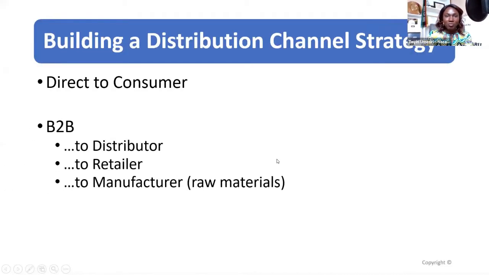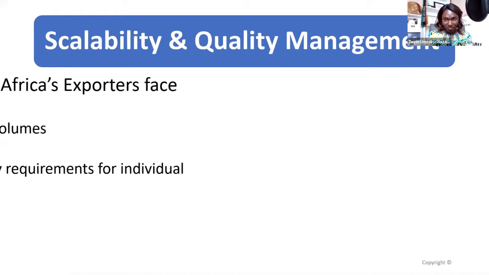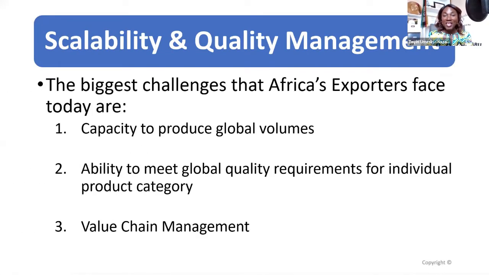We talked about building the distribution channel, scaling up. The biggest challenges that Africa's exporters face are capacity to produce to global volumes, ability to meet global quality requirements for individual product categories, and value chain management.